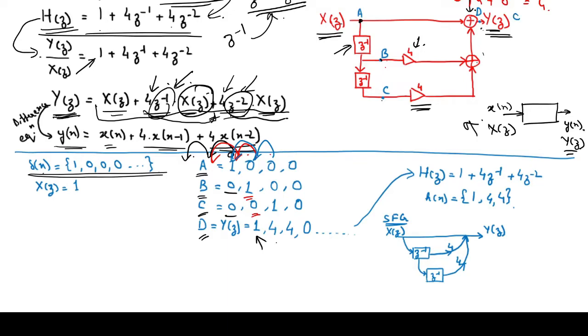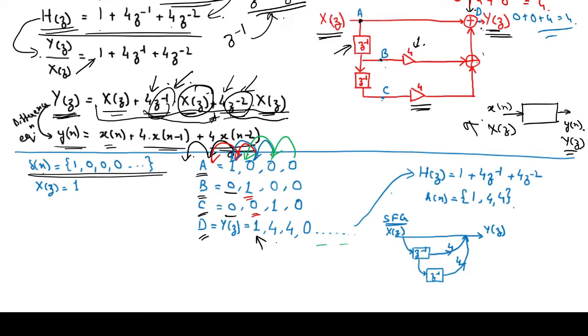So this gives 0 plus 4 equals 4. Okay. So after that again if you do it, zero at A, 0 at B, 0 at C, right? So thereafter it will be 0 0 0 0 0.